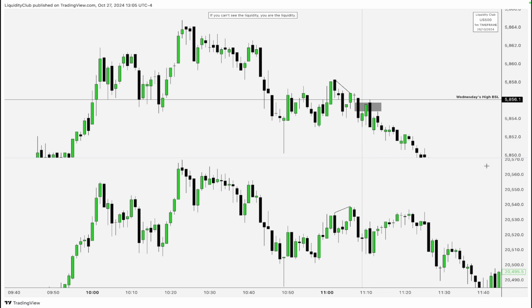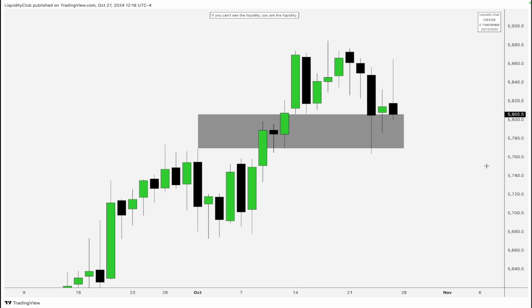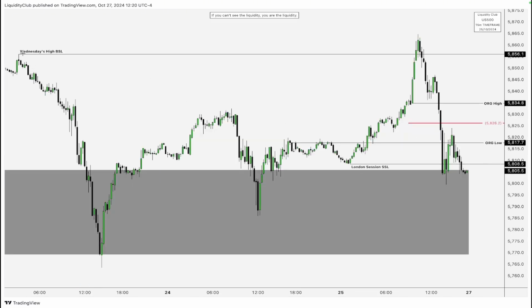Seriously now, we took out this high right there. Is it subjective to anyone? No. Everyone on planet Earth looking at this chart, wherever they are, will see that Wednesday's high has been swept right there. It's not something people can argue about.